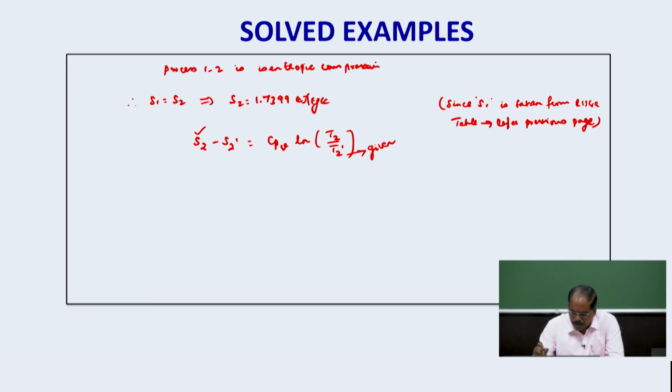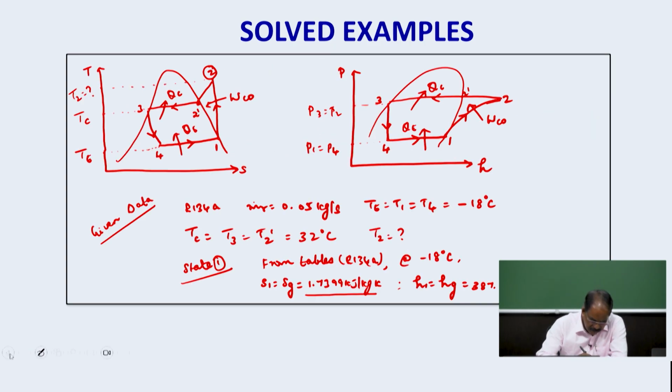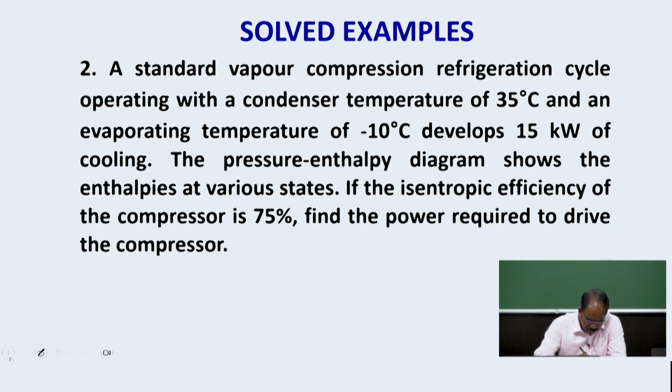So we have to find out Cp of vapor and S2 dash. If you look at the TS diagram, 2 dash is lying on the saturated vapor curve. The corresponding temperature is the condenser temperature, which is 32 degrees centigrade. So I will read the S2 dash value directly from the table.